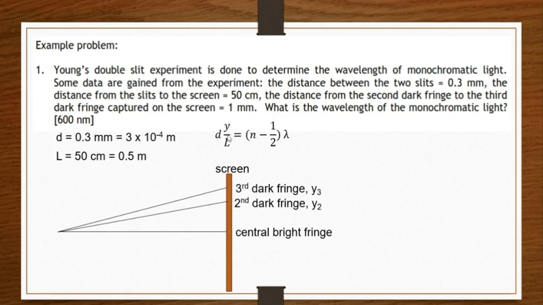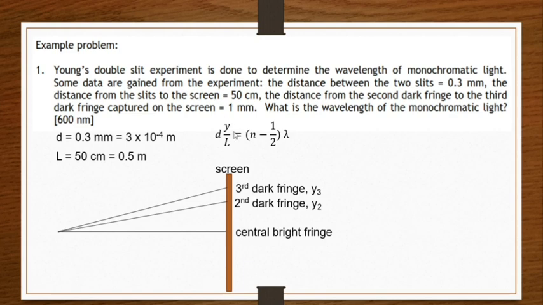For example, here, if I know the distance from the second dark fringe to the third dark fringe, 1 millimeter, I will say that I have y2, the distance from the second dark fringe to the central bright fringe, and I have y3, the distance from the third dark fringe to the central bright fringe.